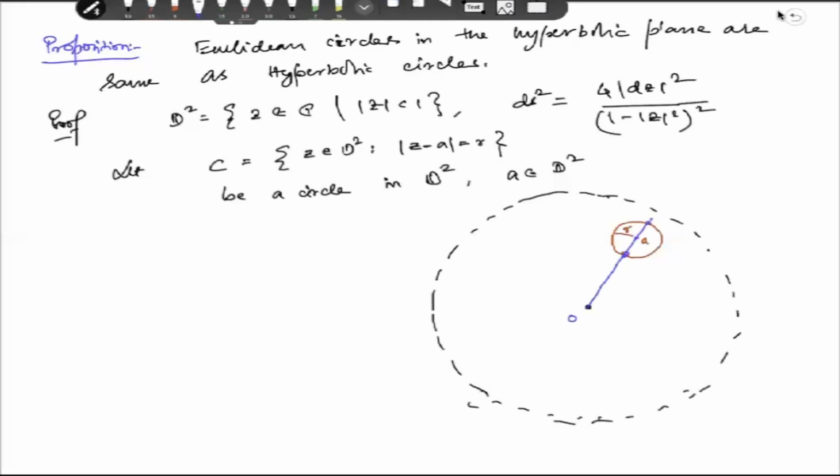Also note that this angle is 90 degrees, so this geodesic intersects the circle C orthogonally. Now let us take these 2 points of intersection to be P and Q. So P and Q is the intersection of this blue geodesic with the circle C.